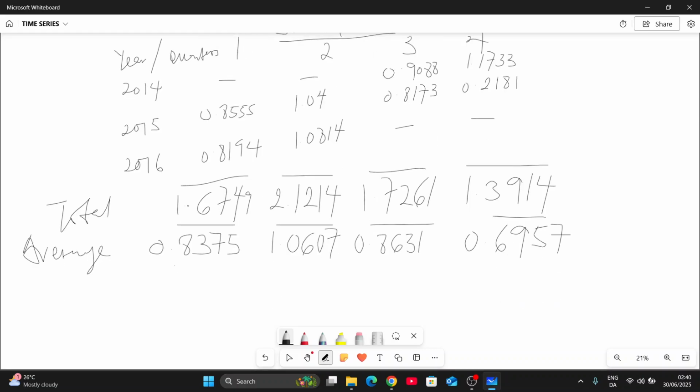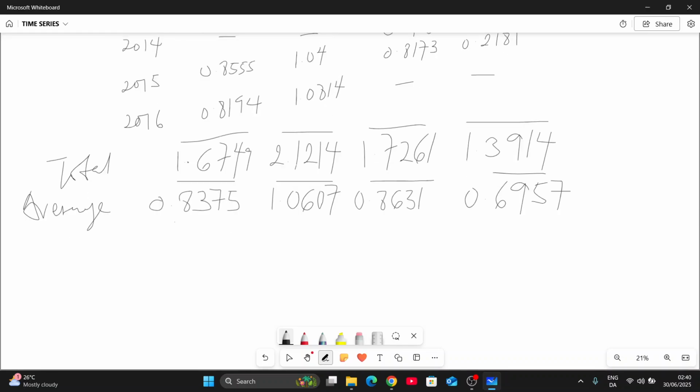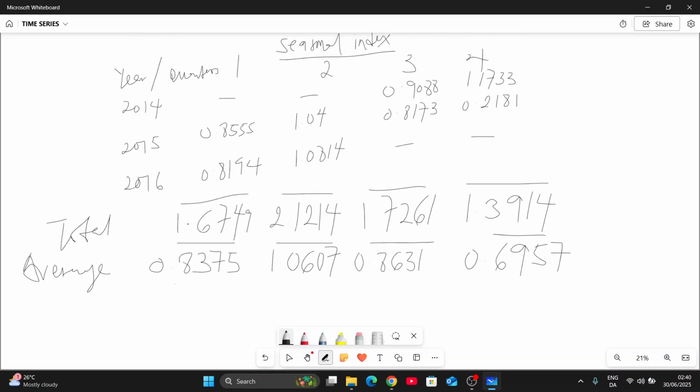Alright, so under the multiplicative model, when we add these averages, it should be equal to the seasons we removed, and here it was 4 quarters.